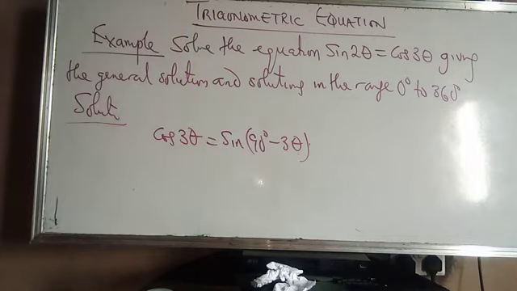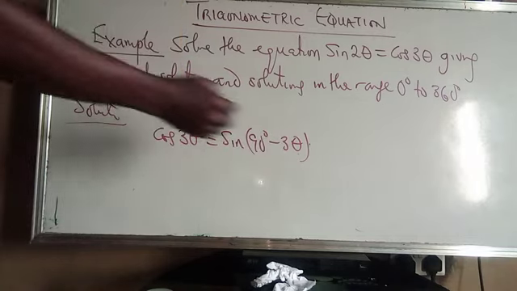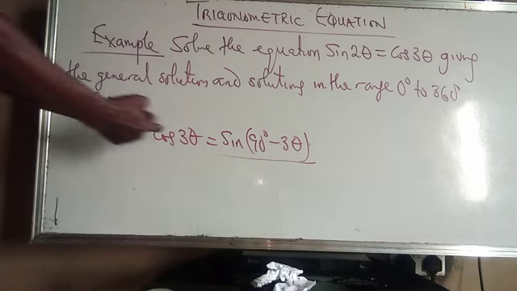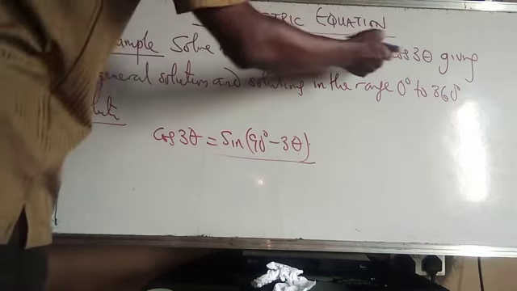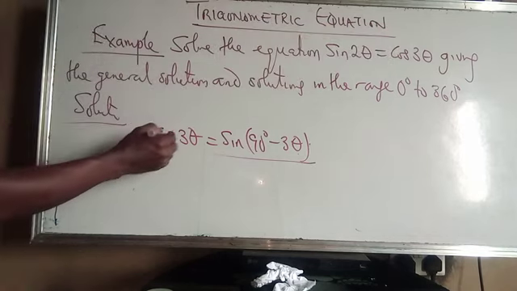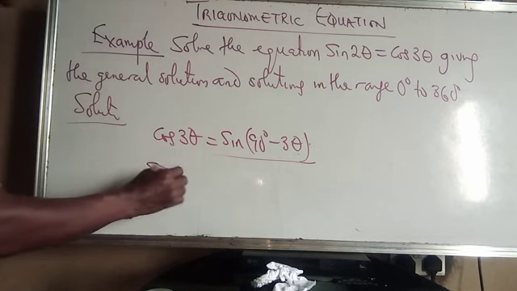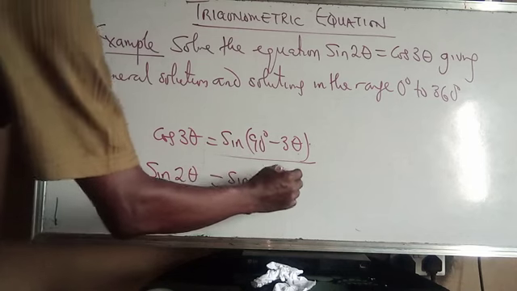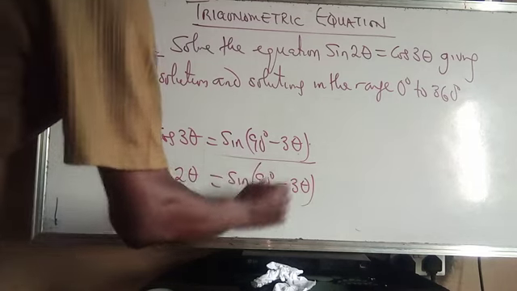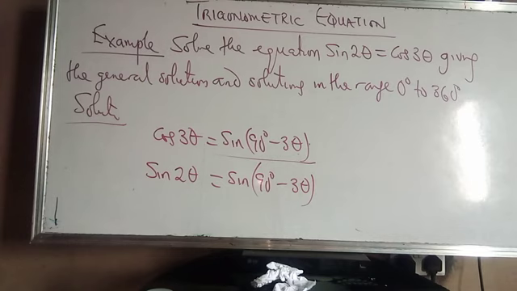So this is the equivalent of this. And from what we are given, cos 3 theta is sine 2 theta, so we now replace this: sine 2 theta is equal to sine 90 degrees minus 3 theta. I hope you are getting that.